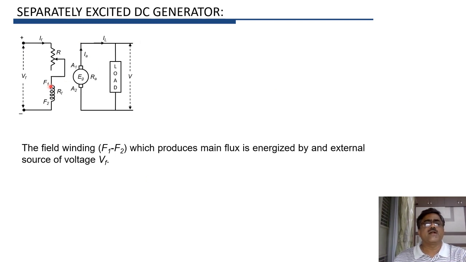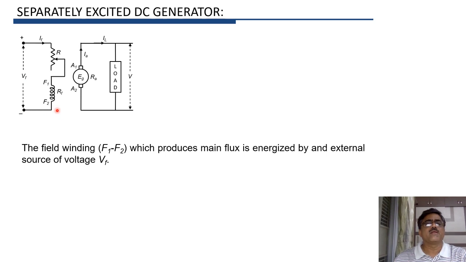So you can see that in this case, this is the main field winding F1, F2, and it is excited by using a separate independent DC power supply. And the voltage of the DC power source is VF volts.